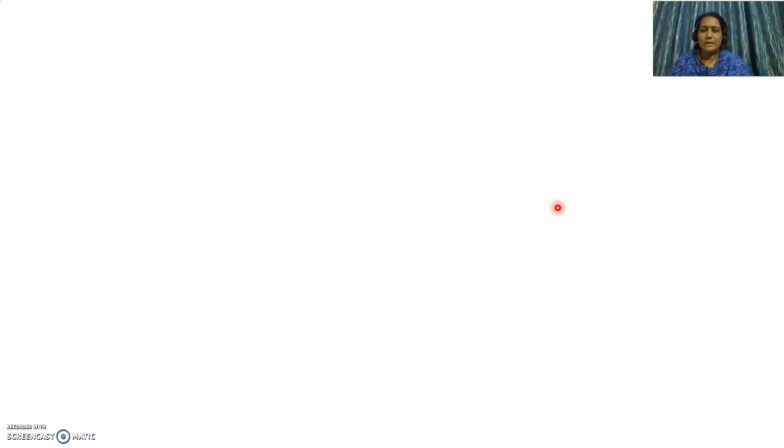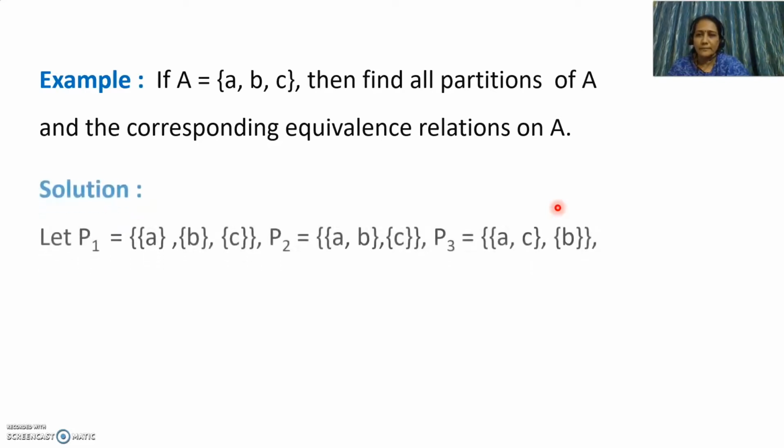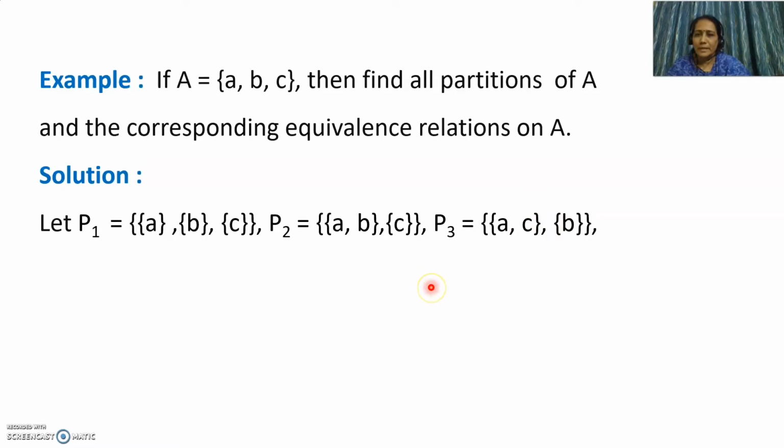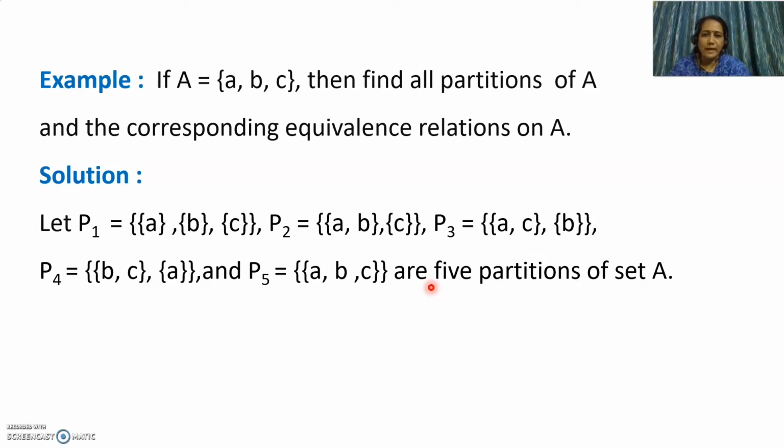Now see another example. If set A consists of elements a, b, c, then find all partitions of A and the corresponding equivalence relations on A. Here we find partitions P1, P2, P3, P4, P5 in such a way that the intersection of them is the empty set and the union of them is set A. That is, P1 consists of singletons {a}, {b}, {c}, P2 consists of {a, b} and {c}, P3 consists of {a, c} and {b}, P4 consists of {b, c} and {a}, P5 consists of {a, b, c}.